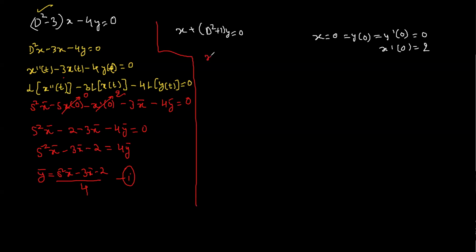What is second equation? x means x(t). When you open the bracket, d square y means y(t). D square means double derivative of y(t). Take Laplace on both sides.